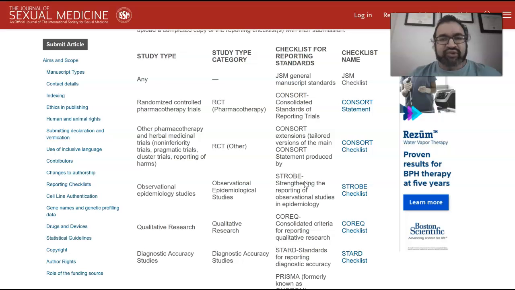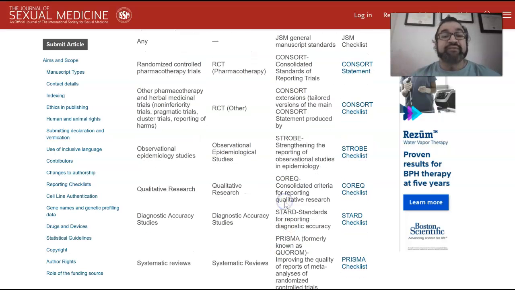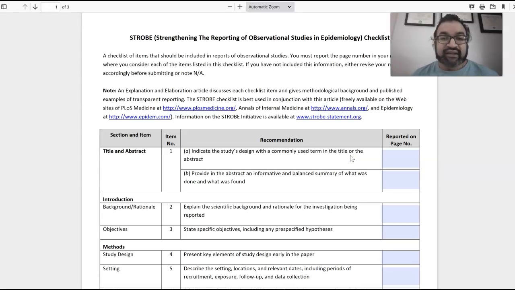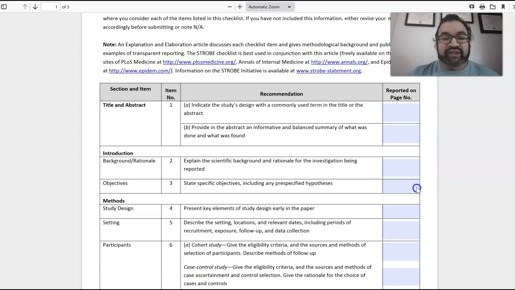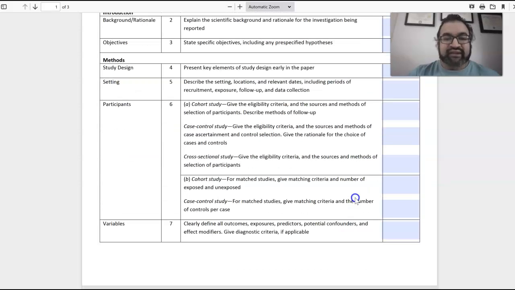So first of all, thinking about the most common type of studies that people conduct, I've conducted 50 to 60 of these: epidemiological studies, Strengthening the Reporting of Observational Studies in Epidemiology, STROBE. This is one that is good to think of. One of the highlights about this is that it breaks it down by study type in epidemiology.